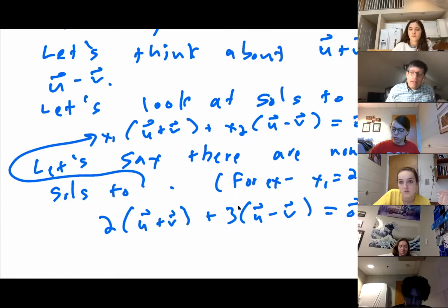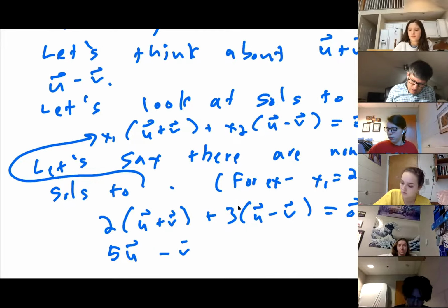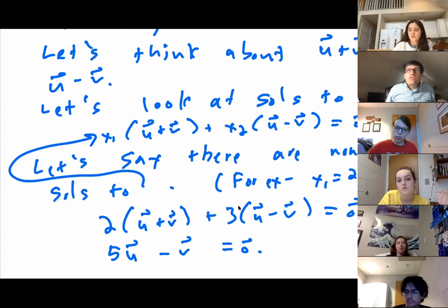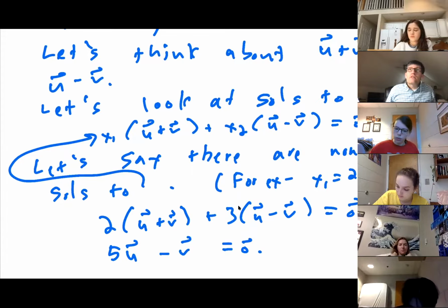I can rewrite this. This is the same thing as 5u. Does that make sense, Carrie? I just put my u stuff together and my v stuff together.